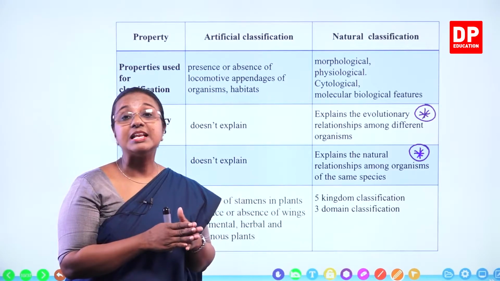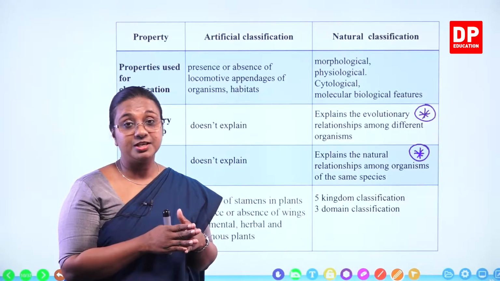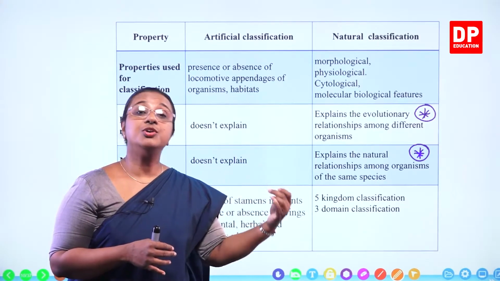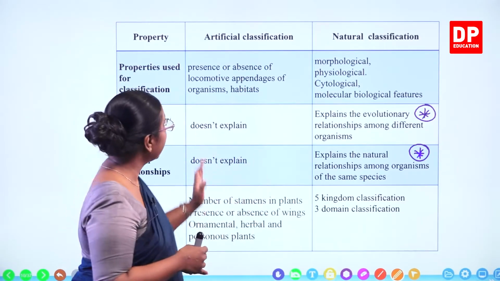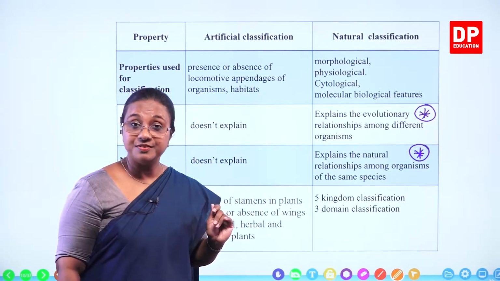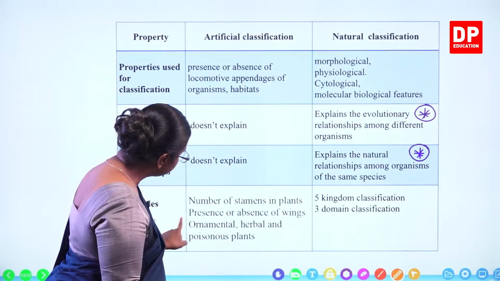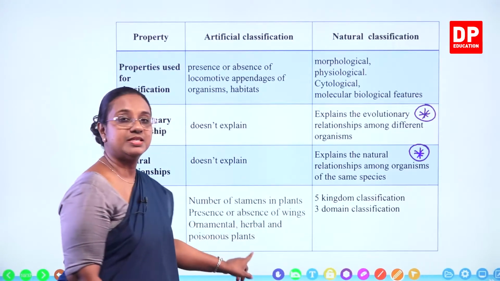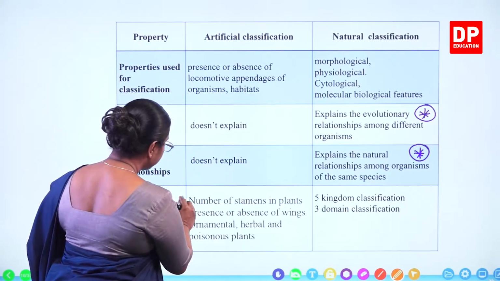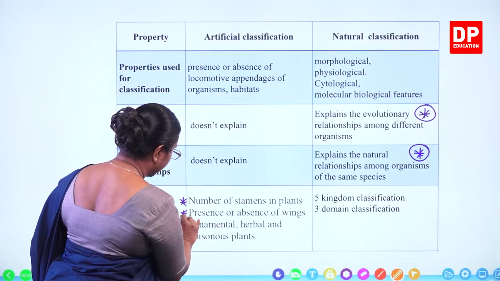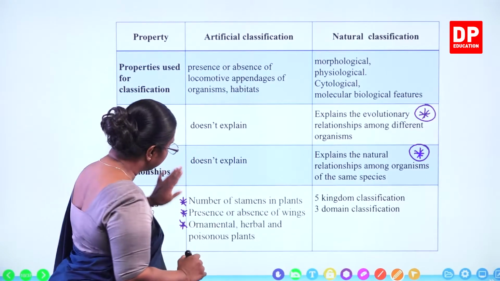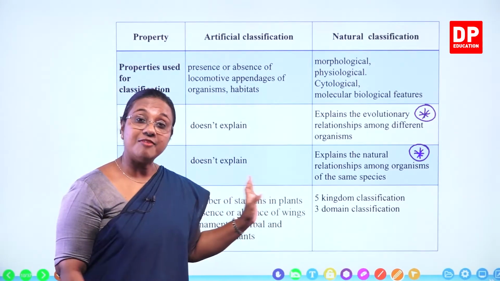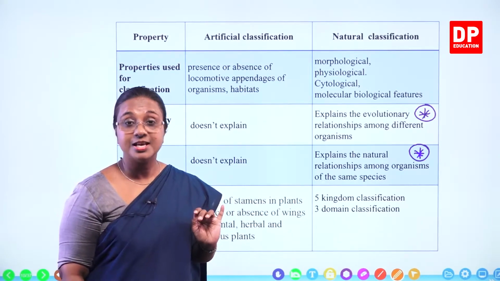It is the male reproductive part of a flower. So the number of stamens can be considered as a criteria to classify flowers. But that again comes under artificial classification. Then presence or absence of wings. Then ornamental, herbal and poisonous plants. We have discussed all these examples. So there are 3 examples given to you. Like this, you can consider many more criteria. We have discussed that also in the previous chapter.